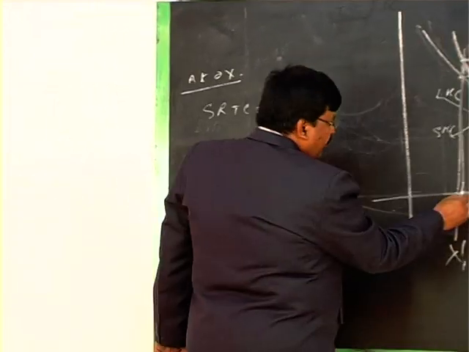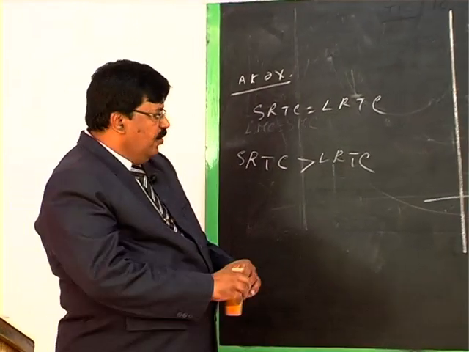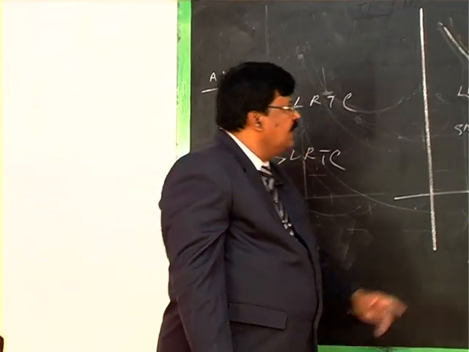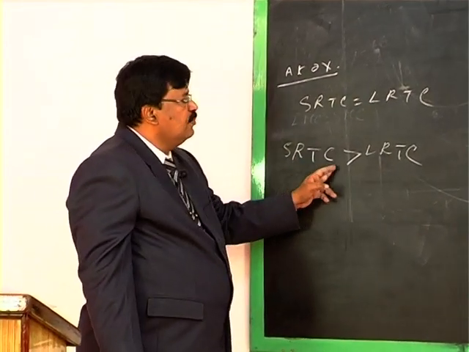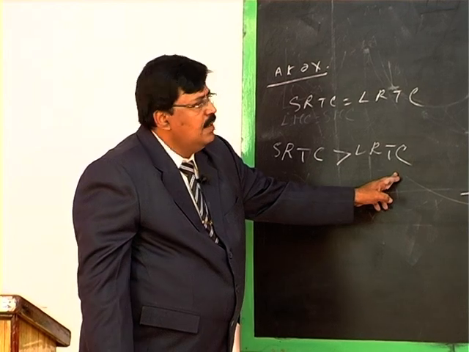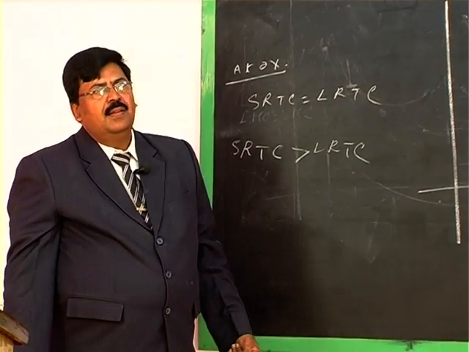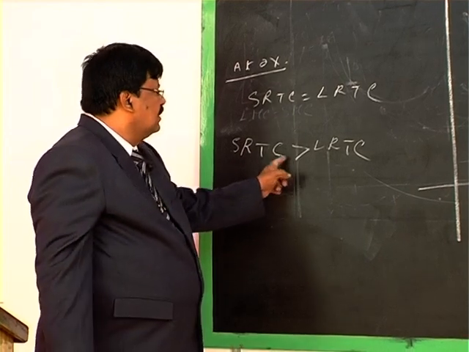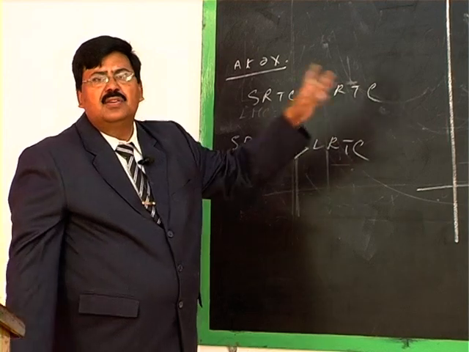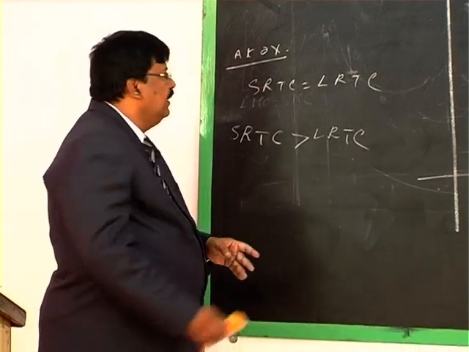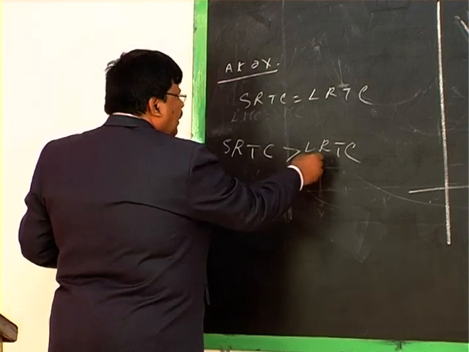So for movement from OX1 dash to OX, what happens? If you move from OX1 dash to OX, you are moving from a point where short-run total cost is more than long-run total cost to a point where these two are equal. Short-run total cost is exceeding long-run total cost to a point where short-run total cost is equal to long-run total cost. That means the extra to the long run must be more.